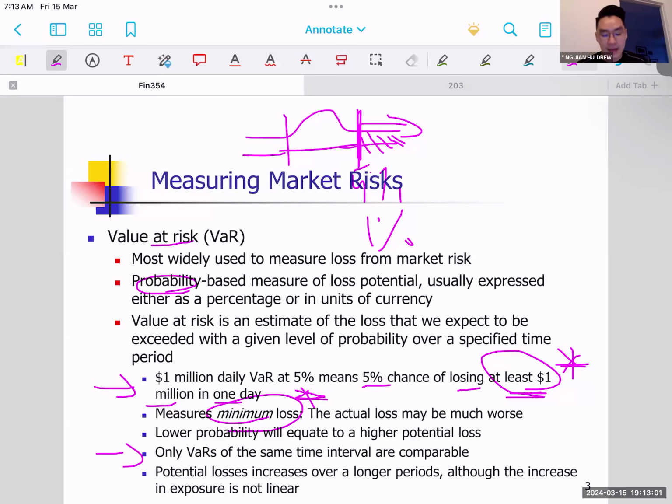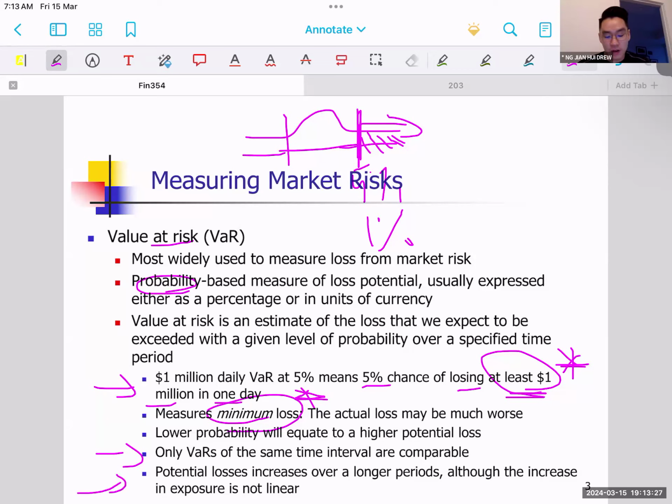An important thing is that only VARs with the same period can be compared, which makes sense, right? You can't compare a monthly VAR with a daily VAR because a monthly VAR might have more fluctuation, meaning you could have a higher loss amount compared to a daily VAR, depending on the stocks or the instruments you are assessing.